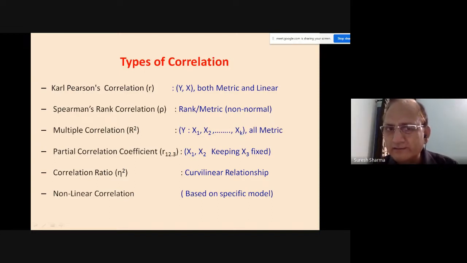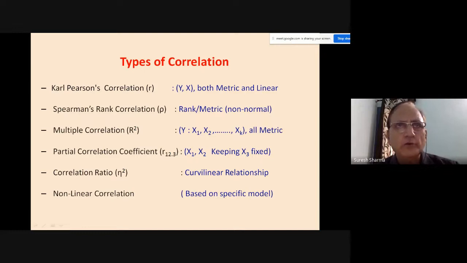They are in the form of ranks. Then we compute what is called Spearman's rank correlation coefficient. That is the first condition, right? So if the data is in the form of ranks, we compute Spearman's rank correlation coefficient.